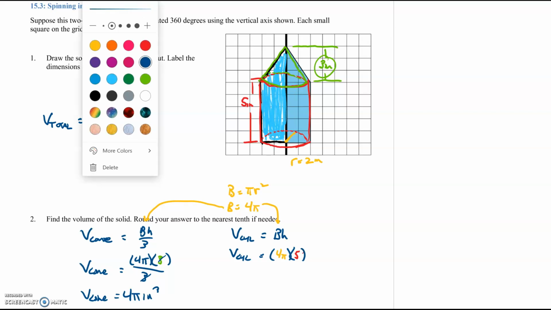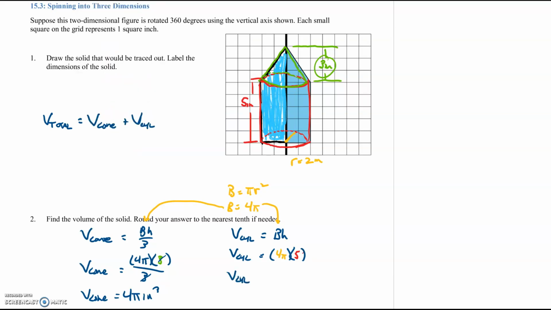Now I can find the volume of the cylinder by multiplying 4 pi times 5, and 4 pi times 5 is 20 pi.